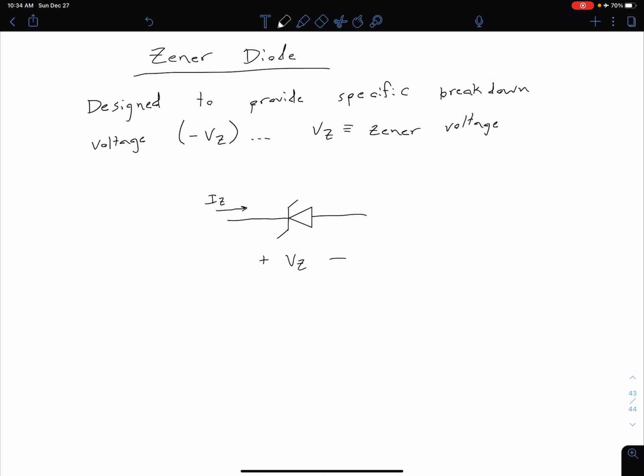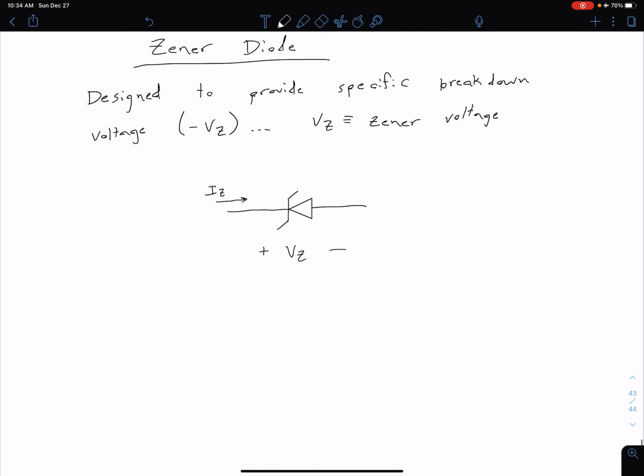Another important thing to note is that the voltage here is defined differently than with all of the other diodes so far. Our positive has typically been on the side where the triangle is, but now it's on the opposite side. The reason for that is this is built to be operated in our breakdown region.